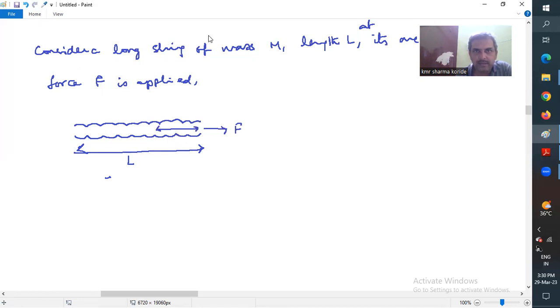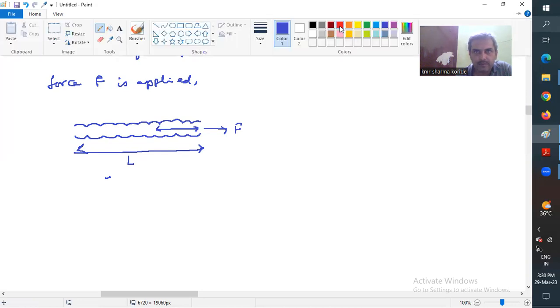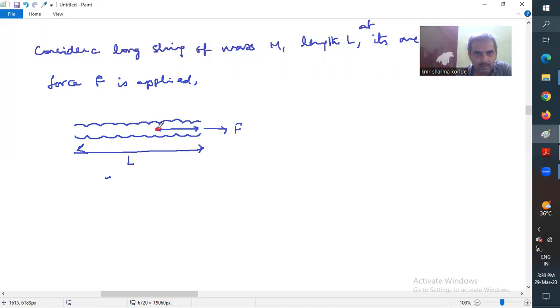Now tension at this point favors the remaining length, capital L minus small l, but opposes the small l. So say this is small l, and capital L minus small l is the remaining length.